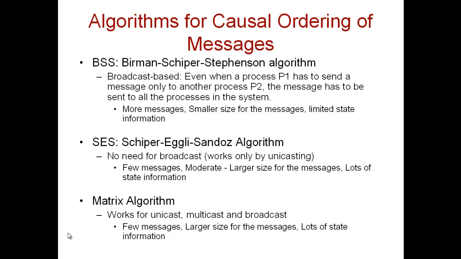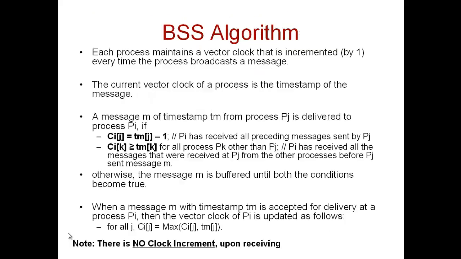But the trade-off is you have more information to be sent as part of each message to indicate to the receiving process what messages were sent to it prior to this message. And now we are going to see a more generic algorithm, the matrix algorithm, which can be used for unicast, broadcast, as well as to send to a specific group of processes, which we call multicast.